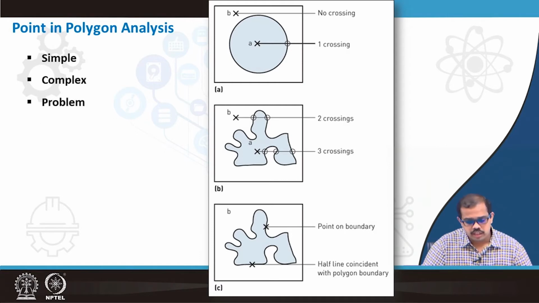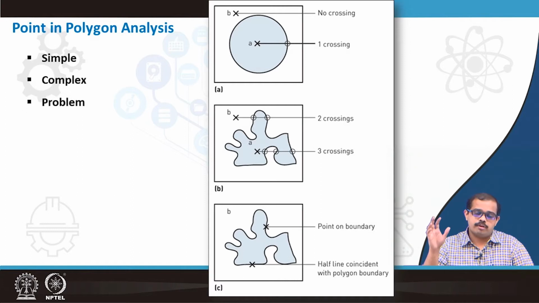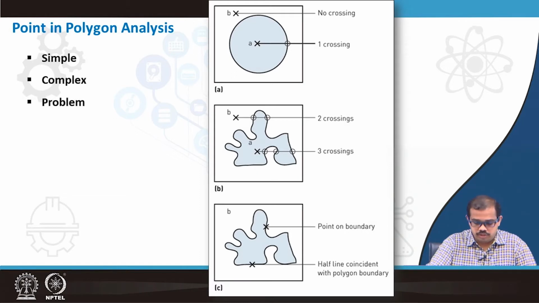For example, if I draw a line like this and try to see how that particular point is analyzed over a particular region. If there are more crossings of a polygon by a point, it becomes a complex problem. When there is only one or maybe even 2, it becomes a simpler problem, which is much easier to solve in polynomial equations. The third, problematic issue is where there is a point on the boundary, or some points are outside the boundary and some inside.